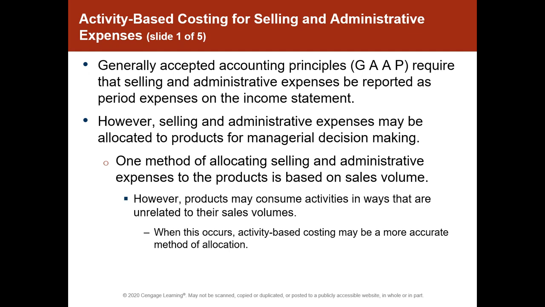Marketing is not just advertising, but also the cost of getting stuff shipped to places. Let's say you make one product that's really heavy, and so just the cost of getting it shipped is much higher. It might be worth it to drill down and see if there are costs involved that are radically different for these two products, and if we need to apply selling and administrative costs in a different way rather than just equally.